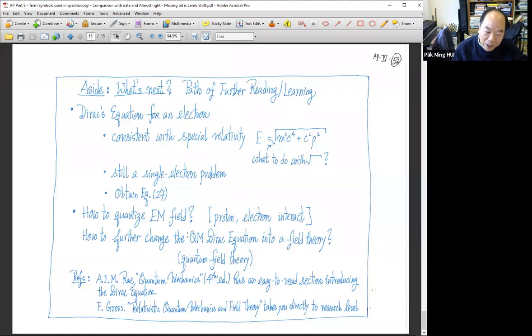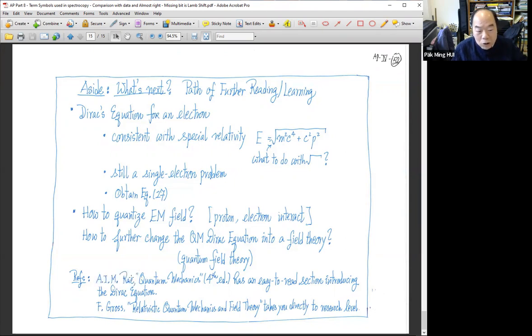The next thing will be, after that, okay, you have the Dirac equation written down. How can I further turn the Dirac equation into a quantum field theory? That will be quantum electrodynamics. So for those who are very interested, at the end of some undergraduate level textbook, there's one chapter on that. So here I give you one example.